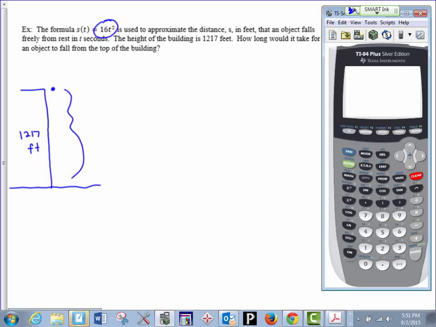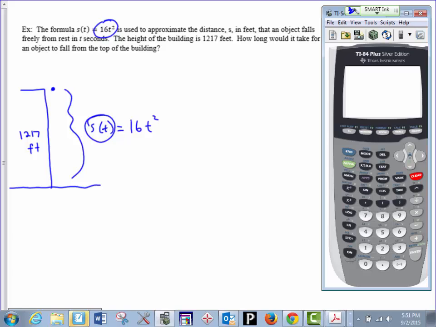So the actual distance is represented by s of t equals 16t squared, where t is in seconds. So to set this problem up, we want the distance s of t to equal the 1,217 foot, since we want it to fall all the way to the ground.